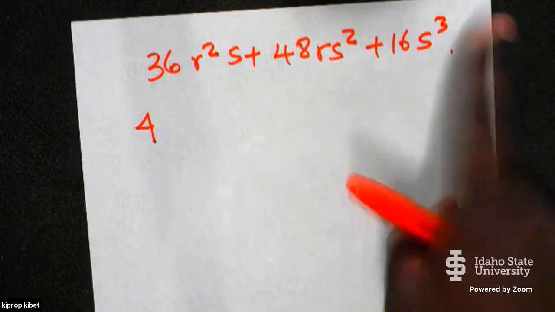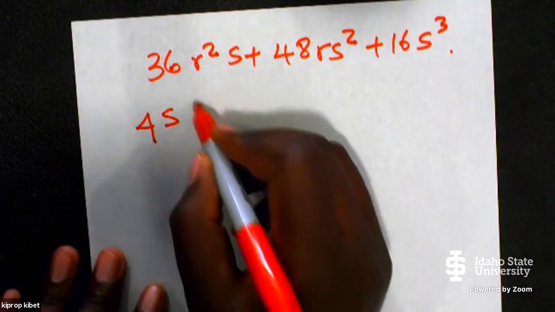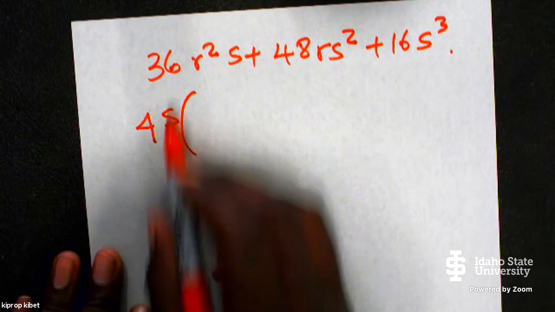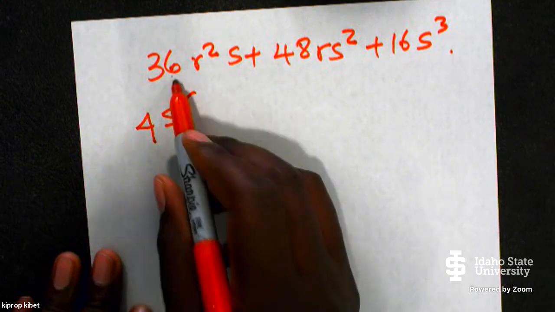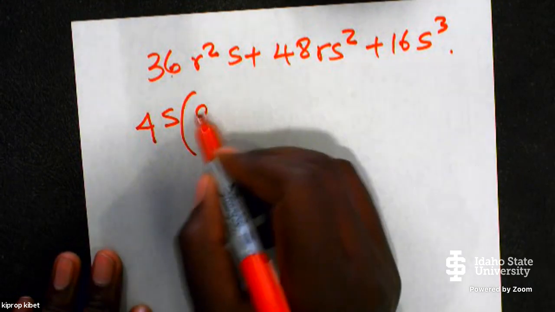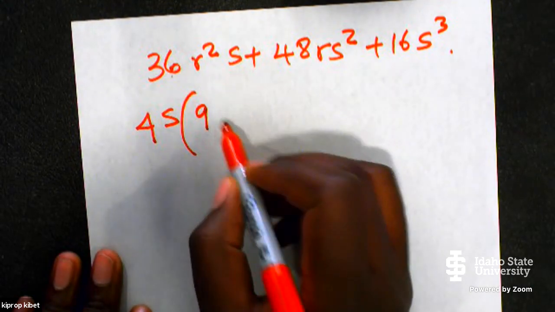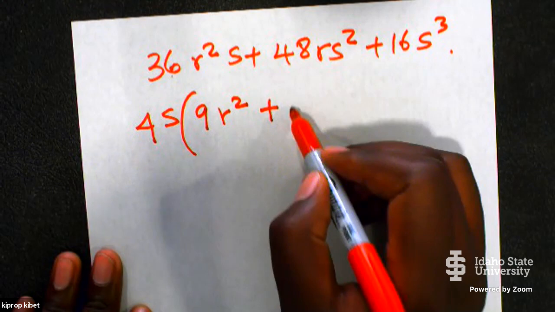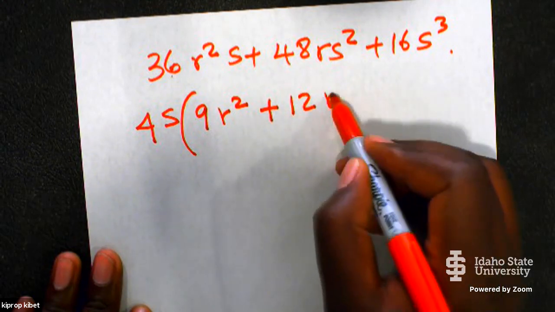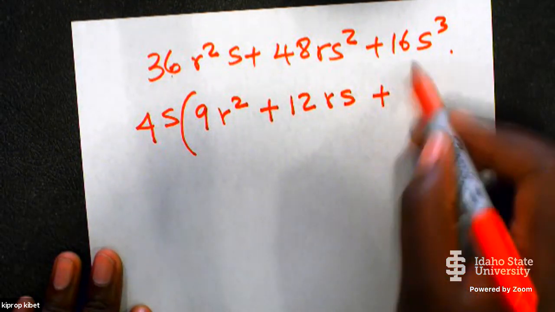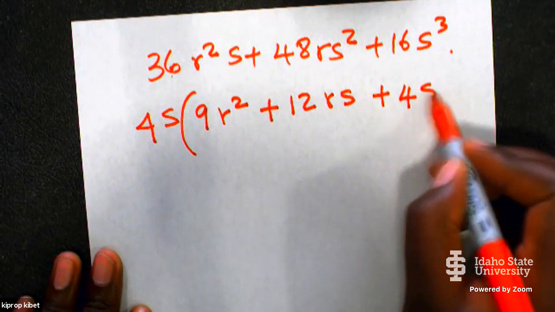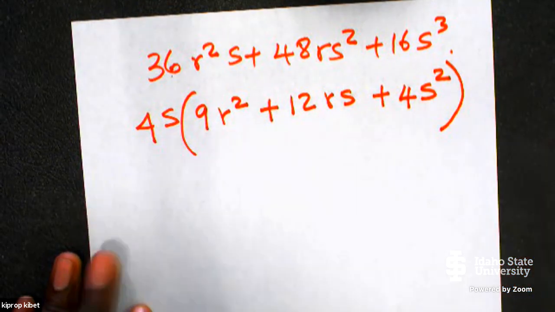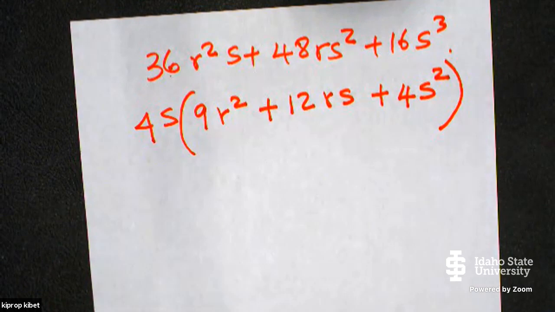1S, right? So we factor out the S there. So what will remain when you divide by 4? You get 9R squared plus, when you divide by 4, 12RS plus, when you divide by 4, 4S squared. Are we together?